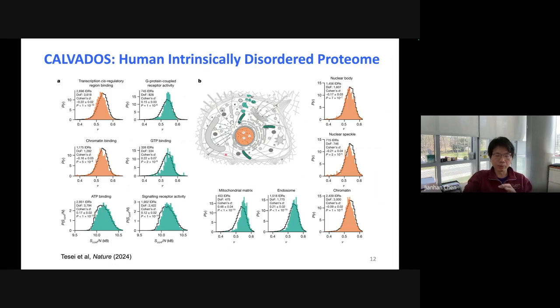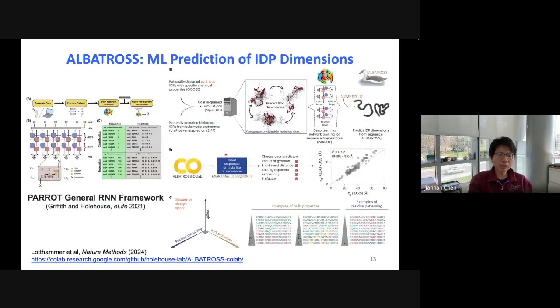In this particular paper, they did some really in-depth analysis of how different disordered proteins involved in different functions or localized to different regions of the cell might have different properties, and they have some really fascinating insights they learned from this study.